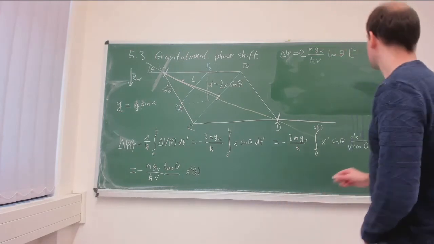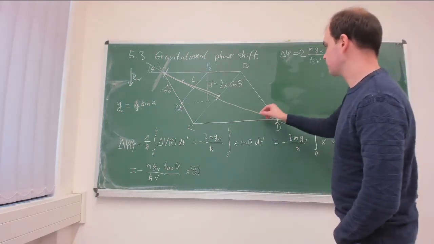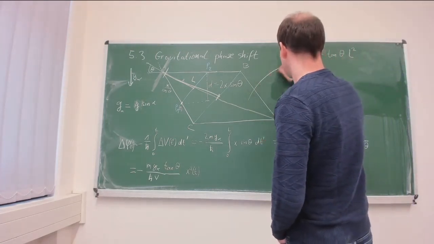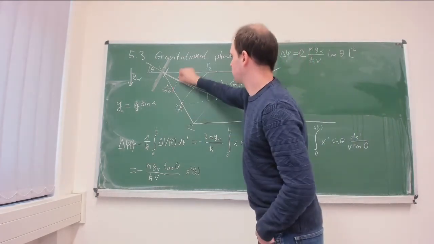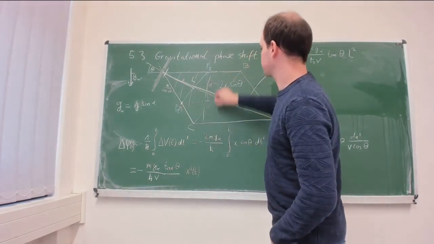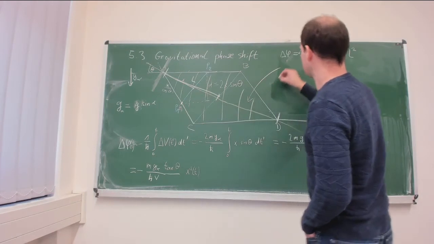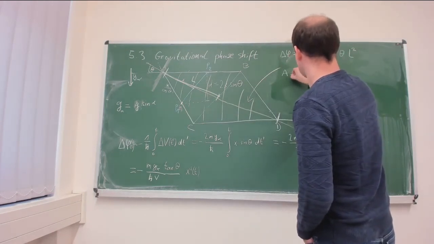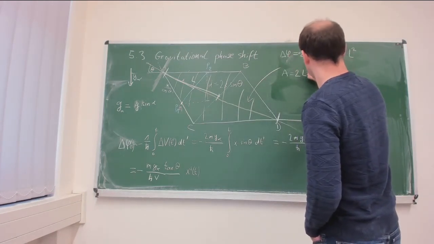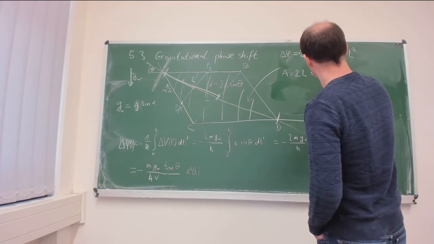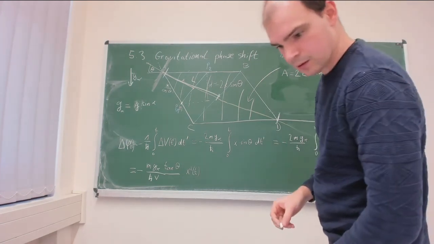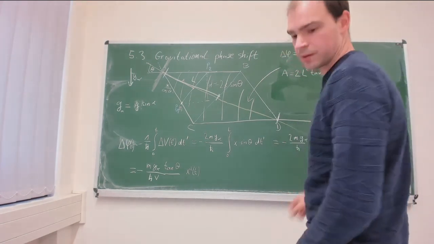Now we can use the total area of our interferometer here. This area is 2L squared times tangent theta.